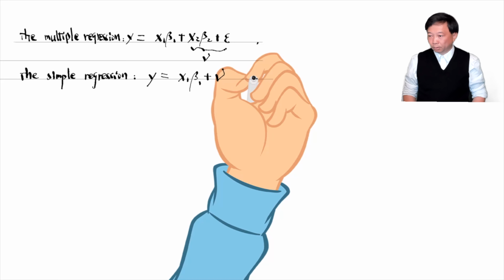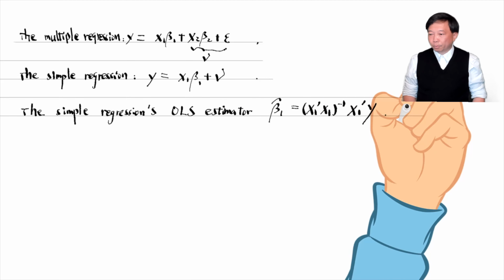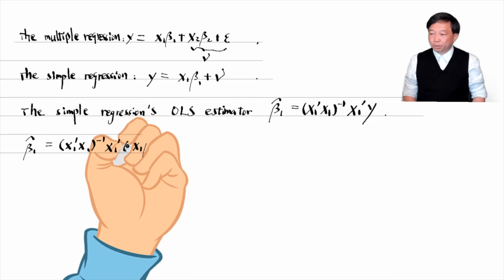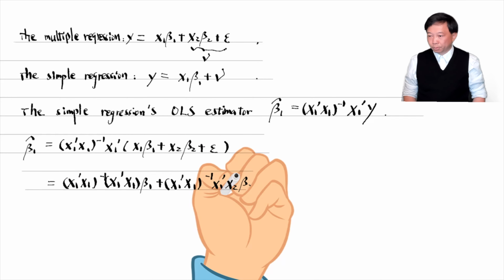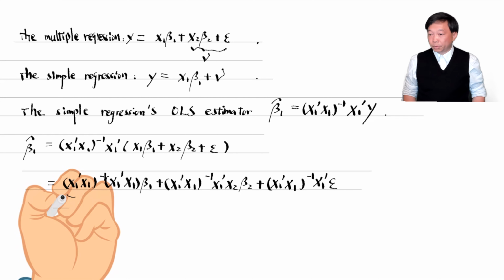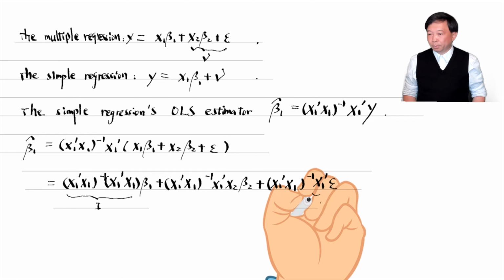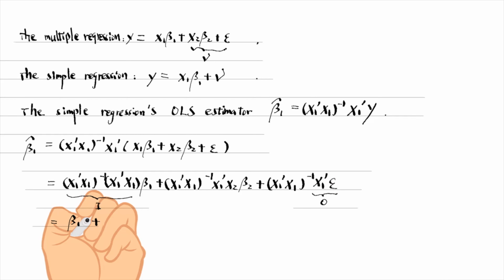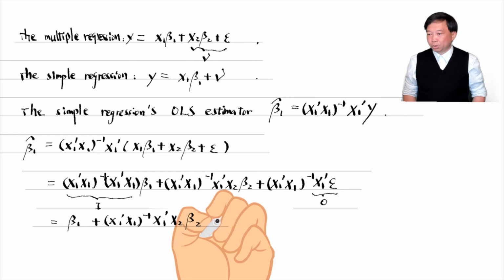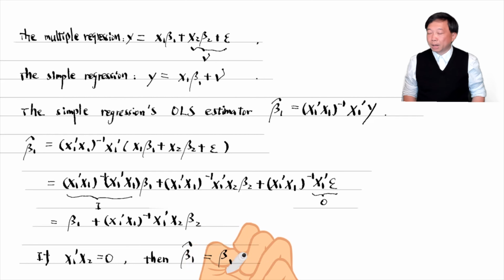After we write down the matrix form OLS estimator beta 1 hat, we substitute y with its real relation expression. There are three terms. The last term is 0 by the zero conditional mean assumption. The first term is beta 1. The middle term will be 0 only if x1 prime times x2 equals 0.